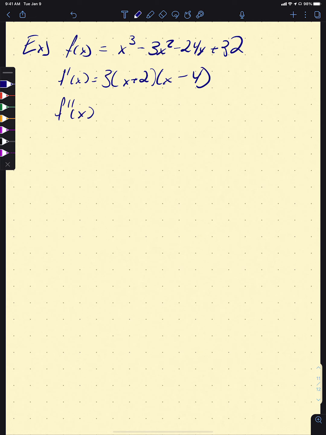And then we computed our second derivative earlier today, 6 times (x minus 1), right? Here's what I want you to notice. Our zeros here are critical points, right? What are our critical points? I guess I'll just write that out. Our critical points are x equals -2 and x equals 4.